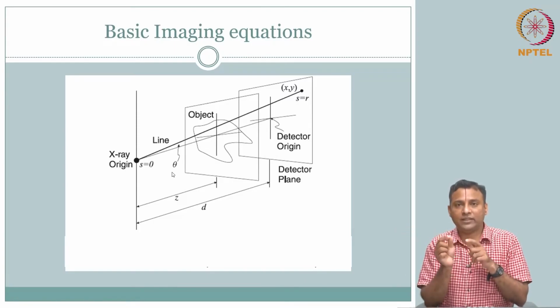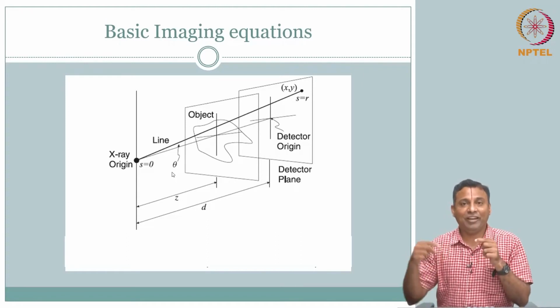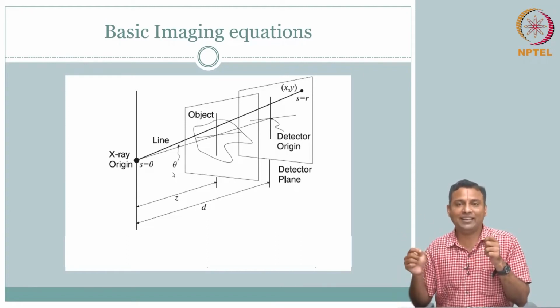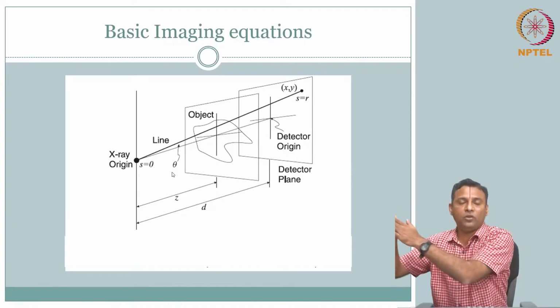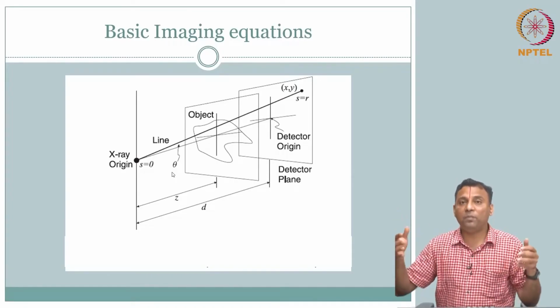That is the loss that we modeled. So where it is falling on the material, where it is coming out of the material, and what all goes and hits the detector, we need to put that in.